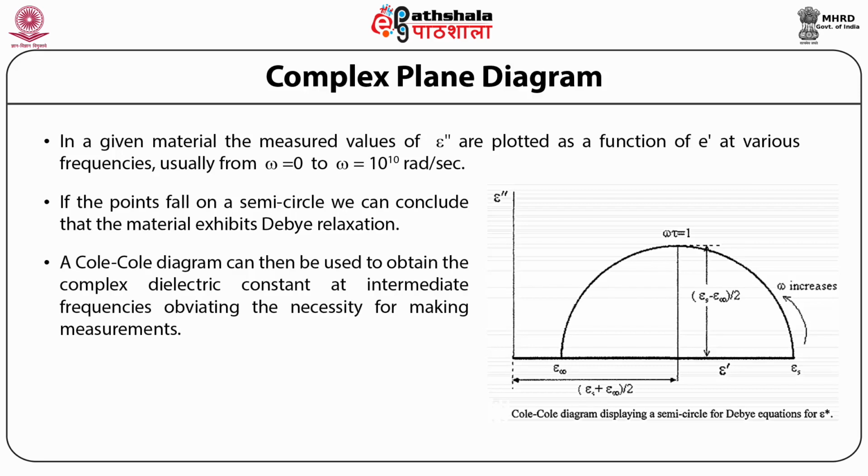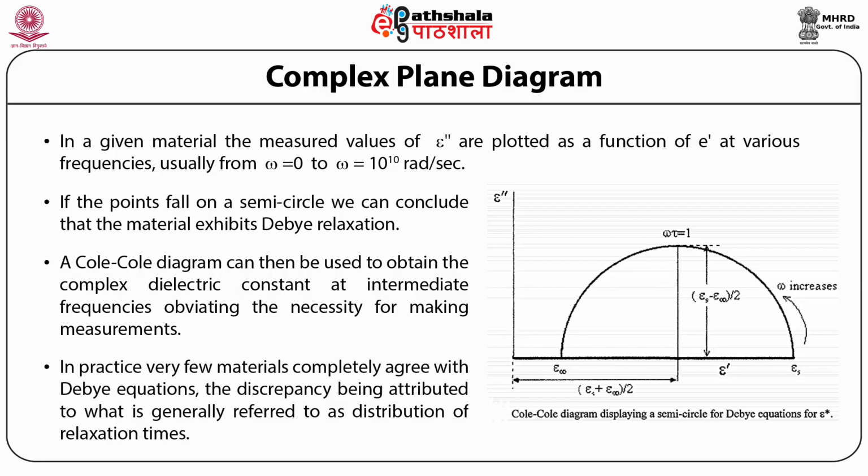A Cole-Cole diagram can then be used to obtain the complex dielectric constant at intermediate frequencies, obviating the necessity of making measurements. In practice, very few materials completely agree with Debye equations, the discrepancy being attributed to what is generally referred to as distribution of relaxation time.